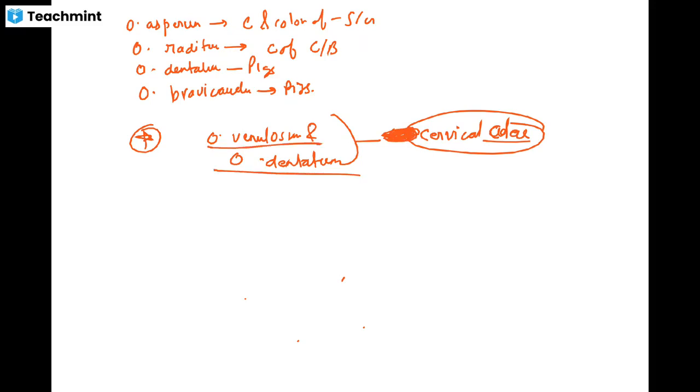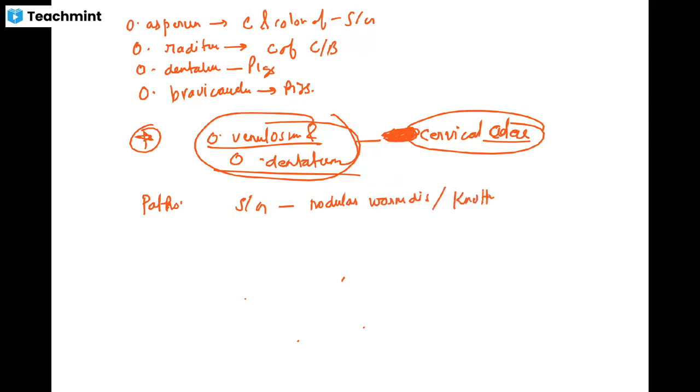Now, its pathogenesis or symptoms: in sheep and goat, it causes nodular worm disease, which is also known as knotty gut and pimply gut.